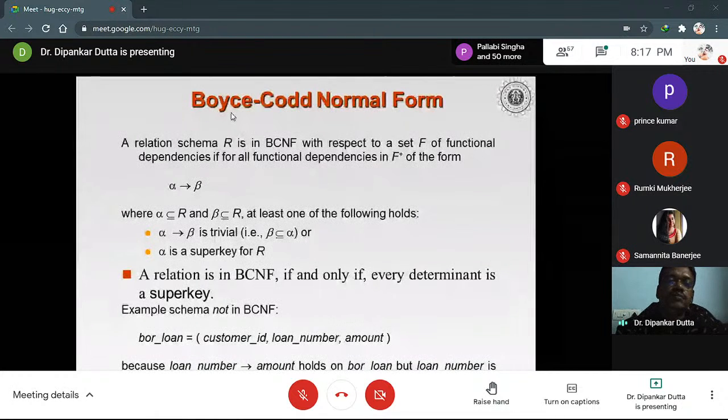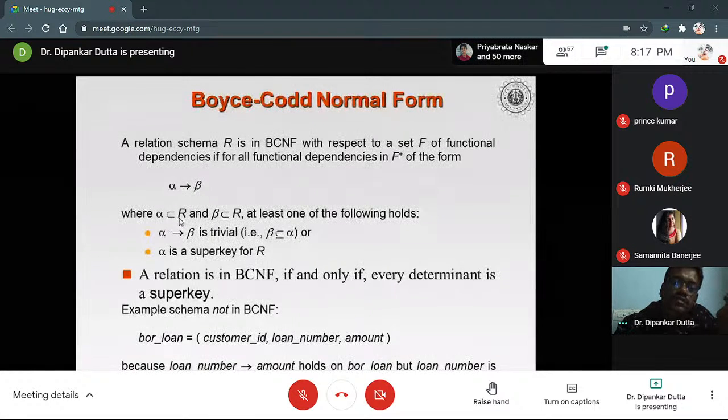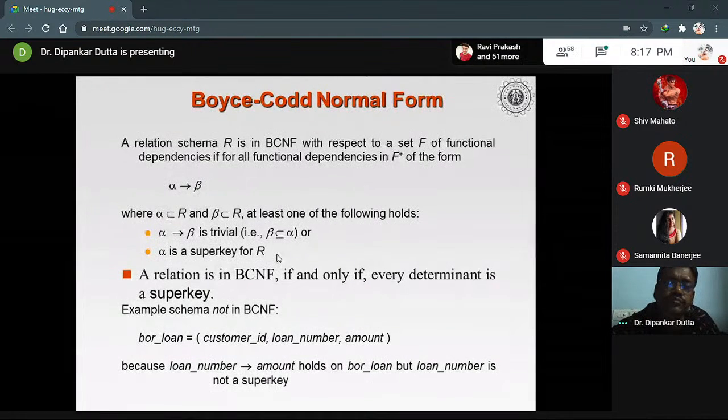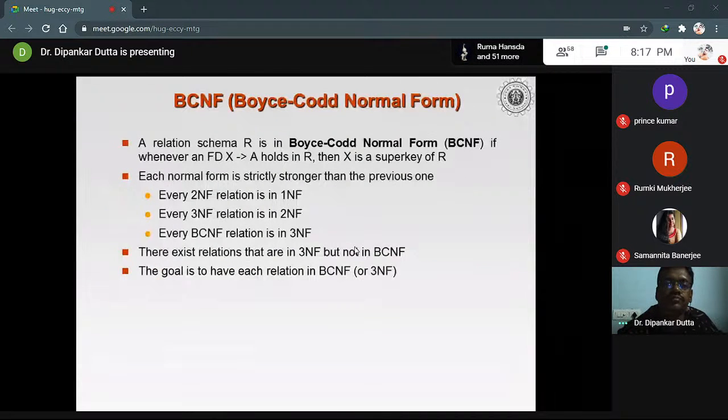A relation schema R is in BCNF with respect to a set F of functional dependencies if for all the functional dependencies in F plus of the form alpha implies beta, where alpha is a subset of R and beta is a subset of R, at least one of the following holds: alpha implies beta is trivial, that is beta is a subset of alpha, or alpha is a super key for R. These two conditions are here also.